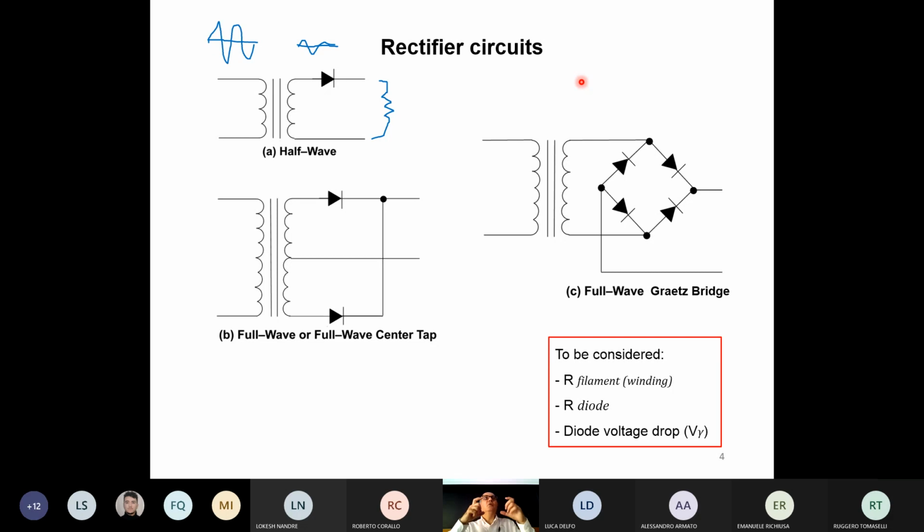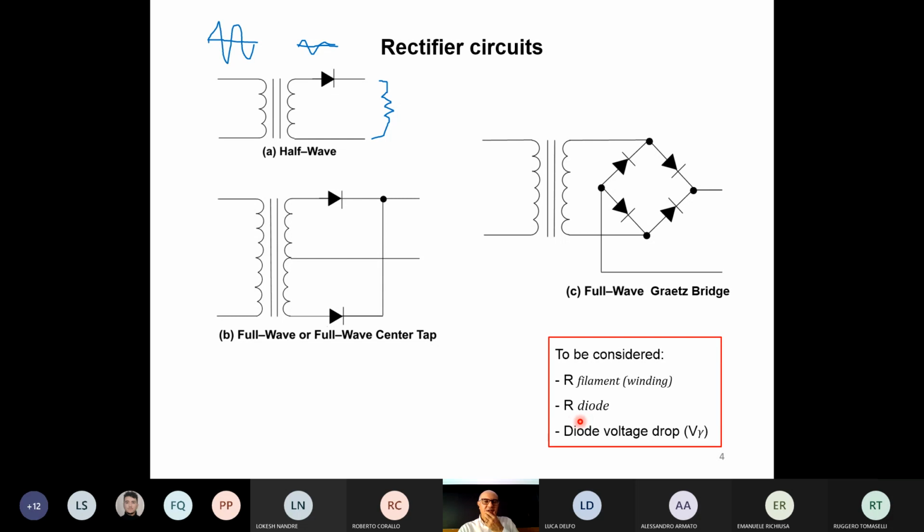A transformer is basically a combination of 2 coils, but the coil is made by a long piece of wire, and a long piece of wire has its own resistance. So we must consider some parasitic resistance in a model for this transformer. Usually we say that the transformer has no resistance, and we add an equivalent resistance in series at the output of the transformer. So it is easier to simulate.